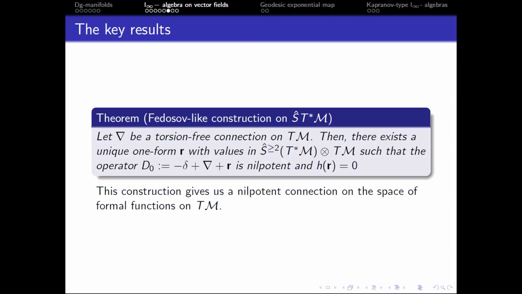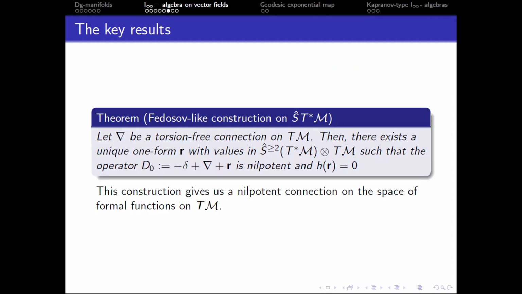In his construction, he was applying these deformations to produce this nilpotent operator. It was in the context of symplectic manifolds. But what I'm using here is some generalization, so you can also consider this problem when you don't necessarily have a symplectic manifold.